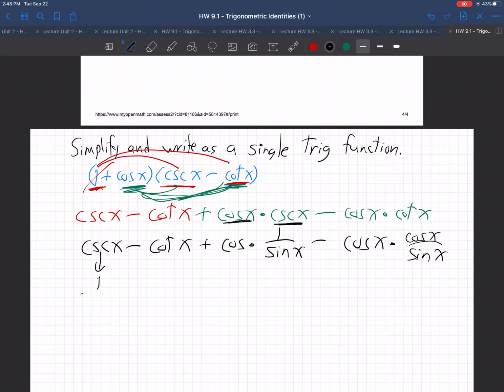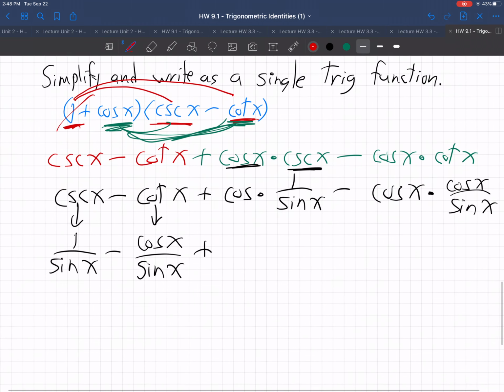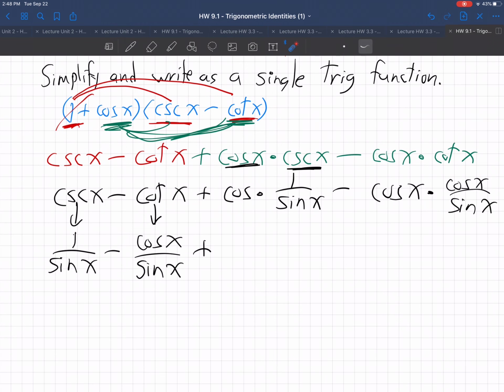Cosecant, as we just said, is 1 over sine x, and cotangent is cosine x over sine x. Plus, okay, now, what happens right here with this cosine, I forgot the x there. Cosine of x times the sine of x.